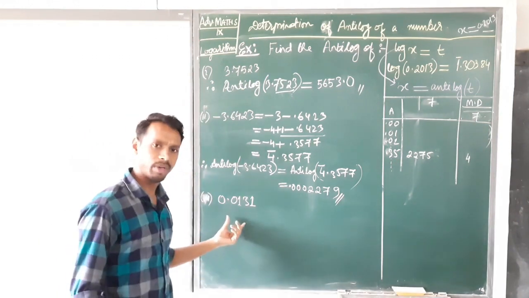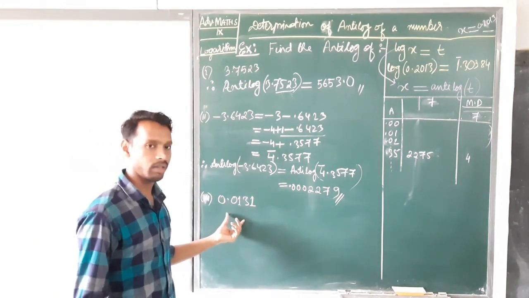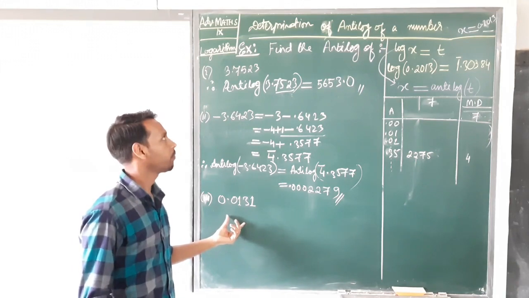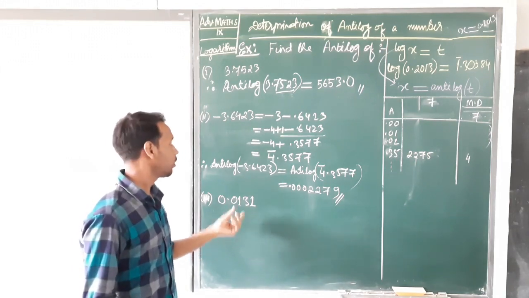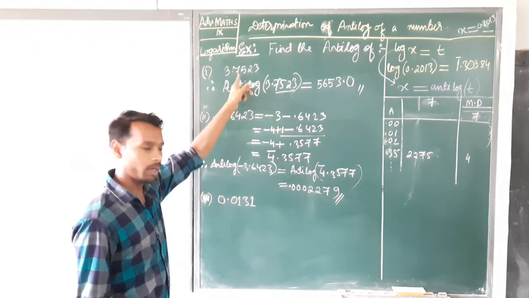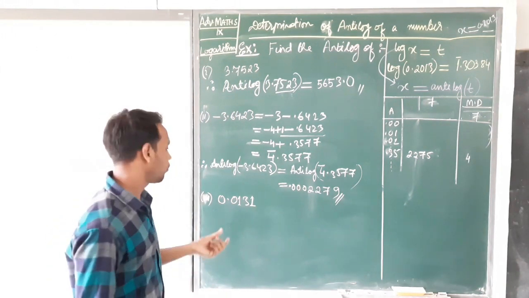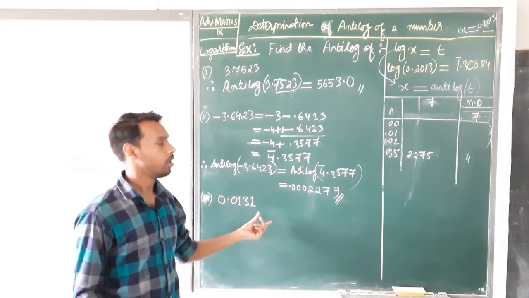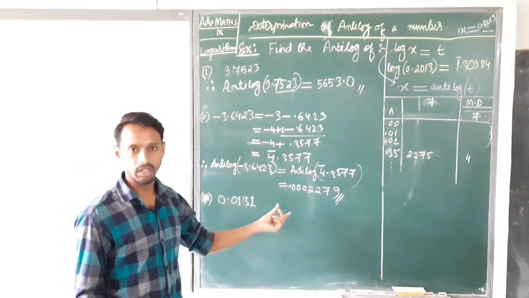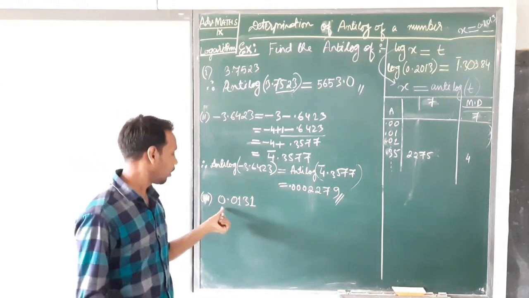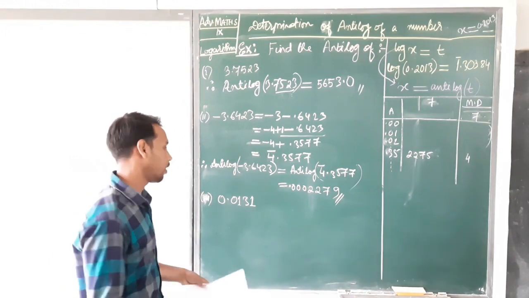One more case is very simple, it is of this type only. But since here it is 0, I just want to show you how we get the value of antilog when the integral part is 0. Let's see.